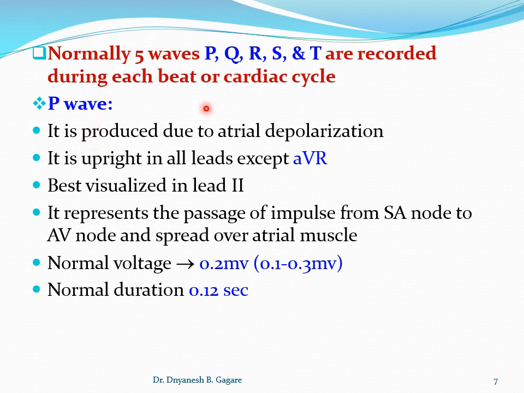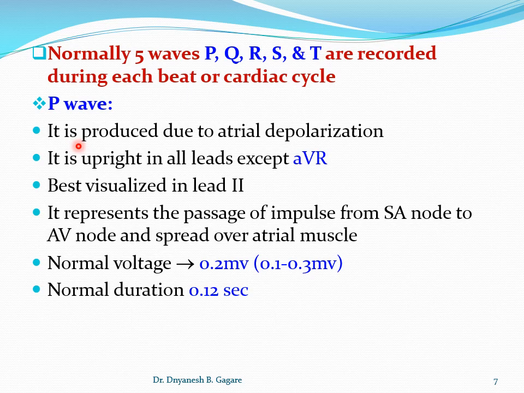Just as I told, normally there are 5 waves. Okay, and these are recorded in 1 beat. In 1 beat there are 5 waves, and the same thing repeats again and again. Okay, so how many waves are there in one cardiac cycle, one beat? There are 5 waves. So see, the first wave is the P wave, and what is the cause of the P wave?